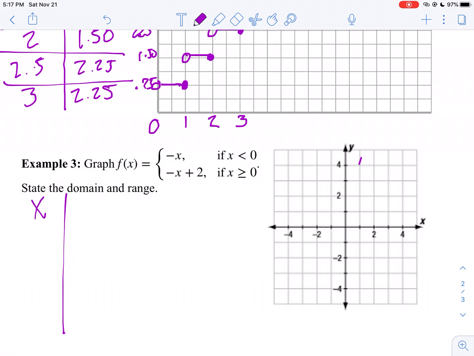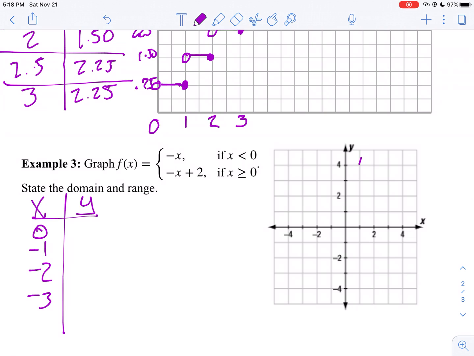I want numbers that are less than 0. So I'm going to put 0 in for x for my first rule, but it actually can't be that because it doesn't include this point. We'll start here. Then we'll go -1, -2, -3, so you can see what's going on, because I'm going less than 0. So what is the opposite of 0? Well, the opposite of 0 is 0.